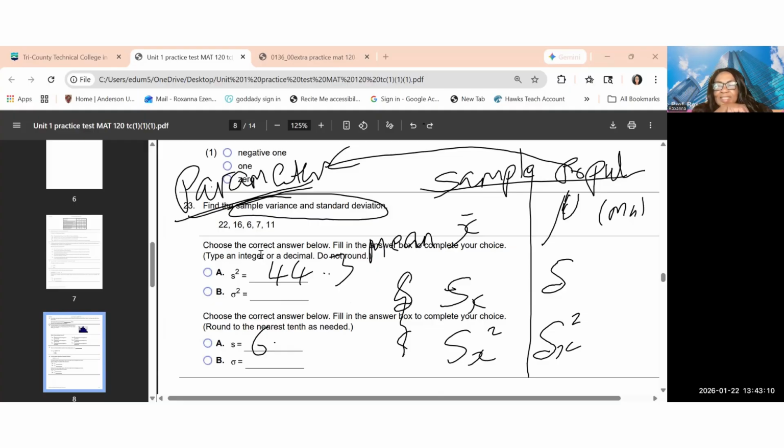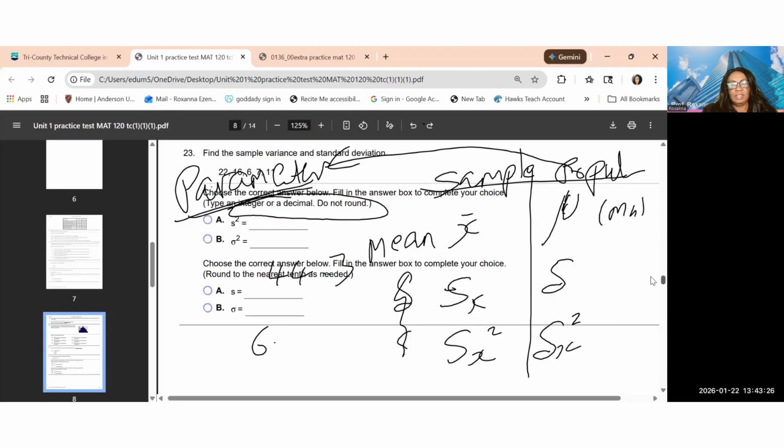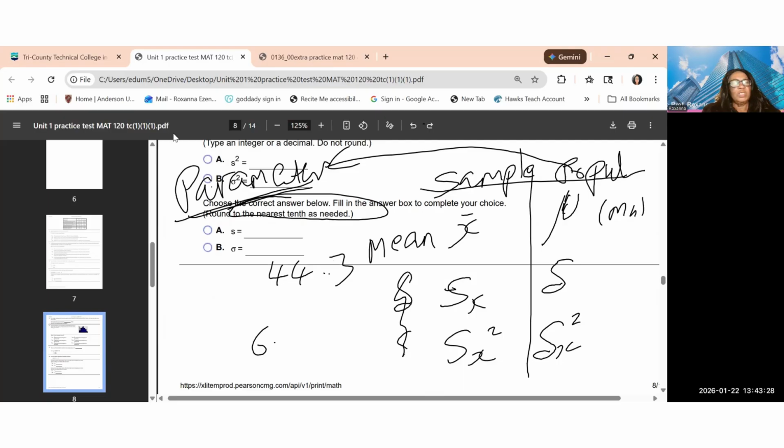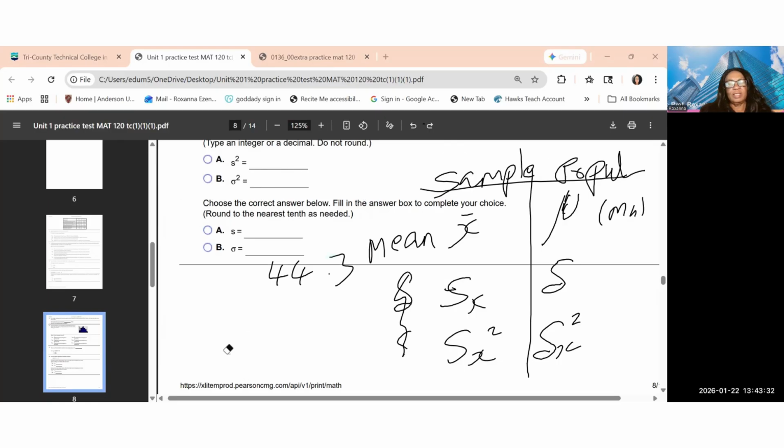The characteristics of a population is called a parameter. Okay, all right, so we are going down to more questions on this unit one practice test.